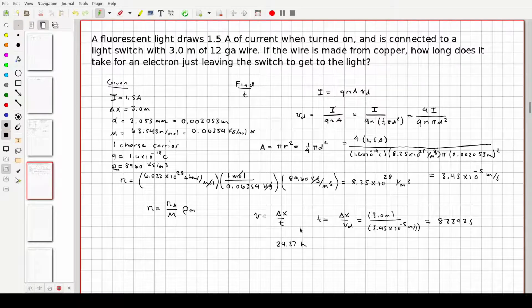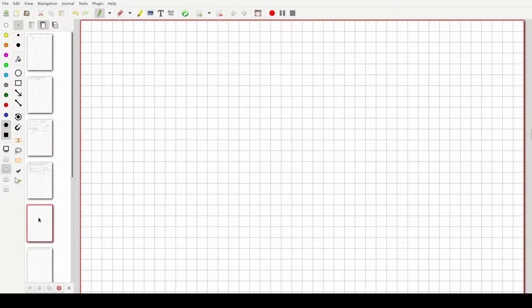Now, that said, what I'd like to talk about now is sort of an extension from current called current density. Now, current, again, if you think of this, is something that's flowing through an area, if you think of the wire as having area, okay? And we've seen things that have flown through area before. Specifically, I'd like to remind you of electric flux.